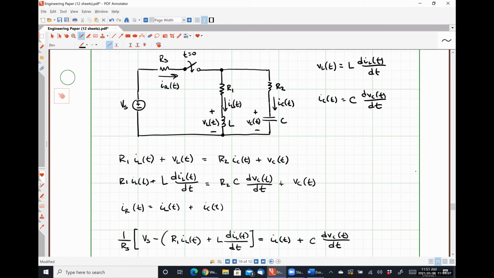Let's see. Because I don't have any equations with the second derivative, so I can't just do that.